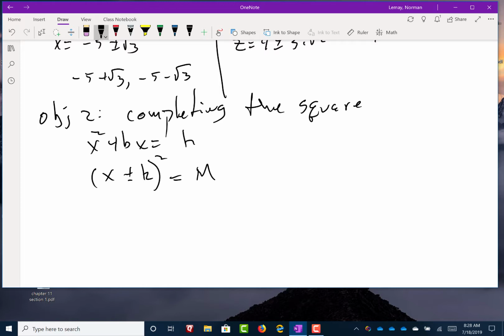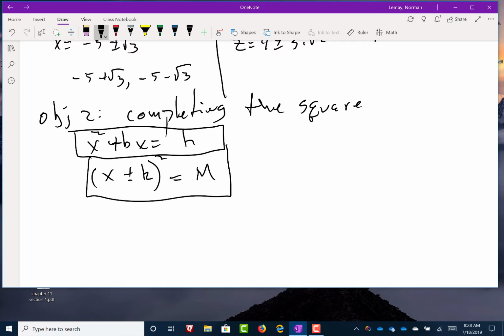So we're going to go from this form, put it into this form, and then our goal would be to use the square root property.